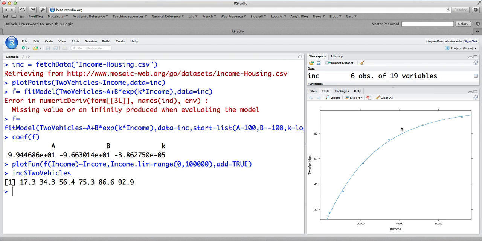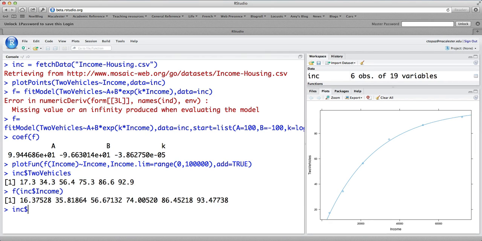Now, if I wanted to get the values of our function at the corresponding x coordinates, what I have to do is take the values of income and plug them into our function. So to get the values of income, I do inc$income, but I want to take those values and plug them into our function f, right? So that's these values.